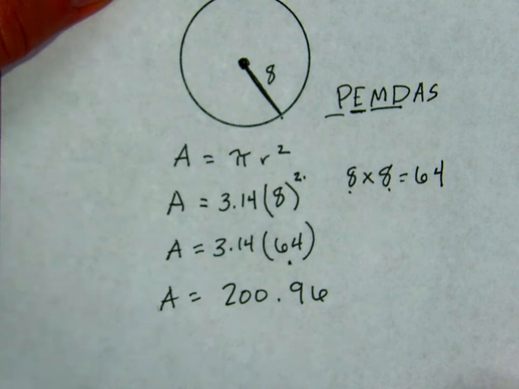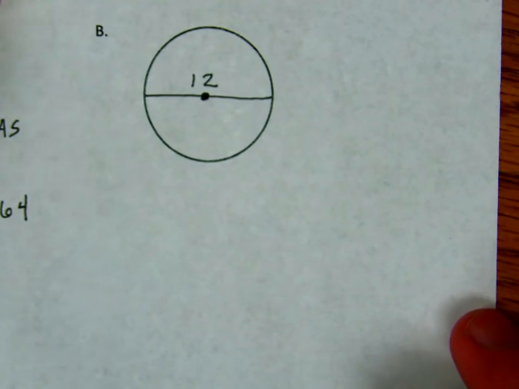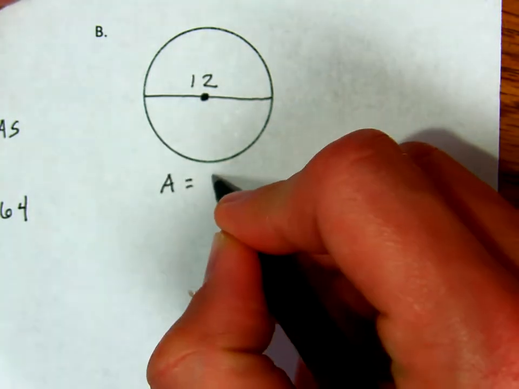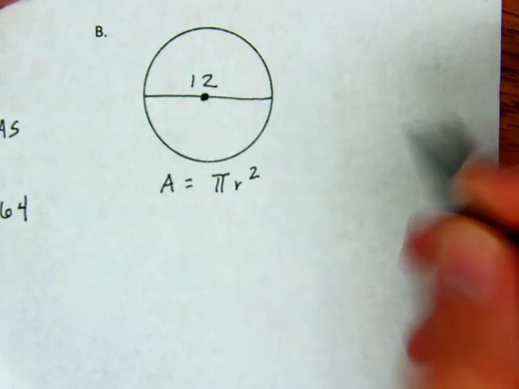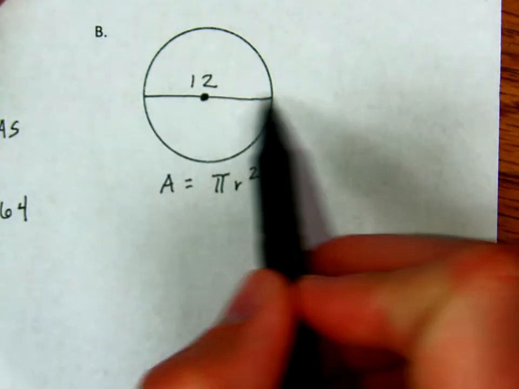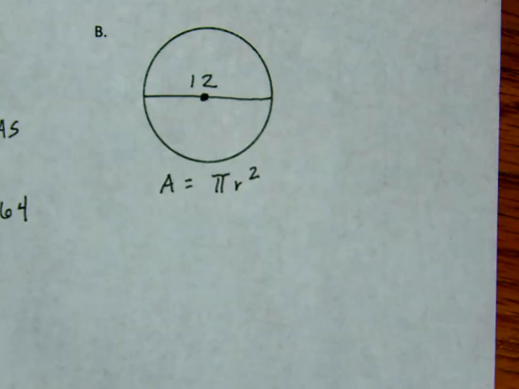All right, B, our next example. We're still using the same formula of area equals pi r squared. In this situation though, what do they give us? This is the diameter now. Remember back in your definition, diameter is twice the radius.